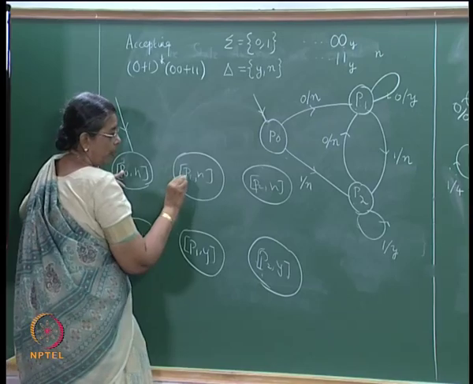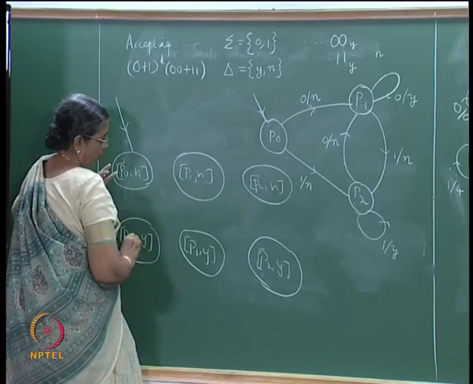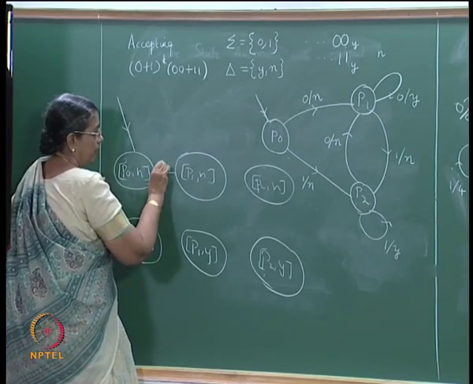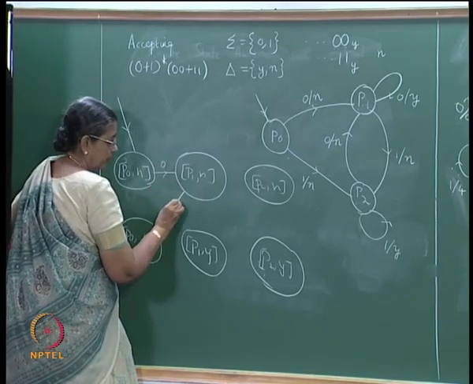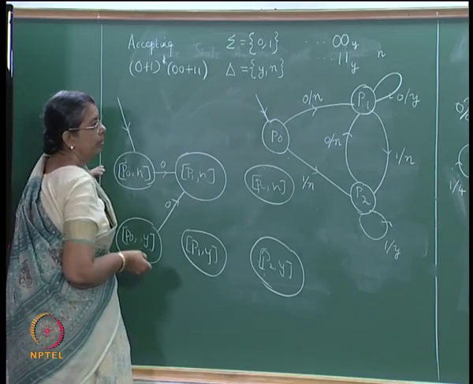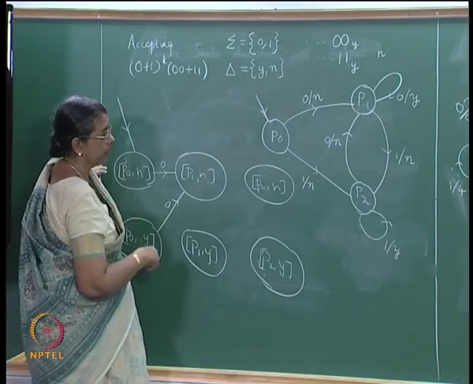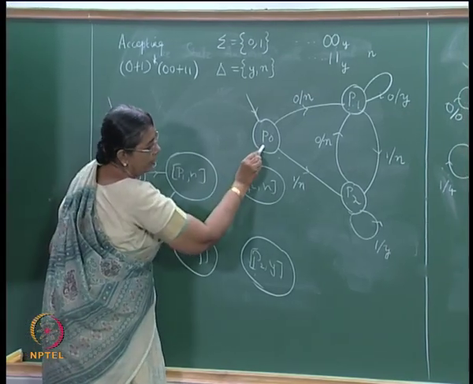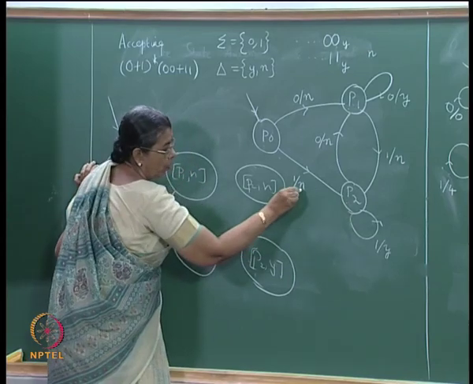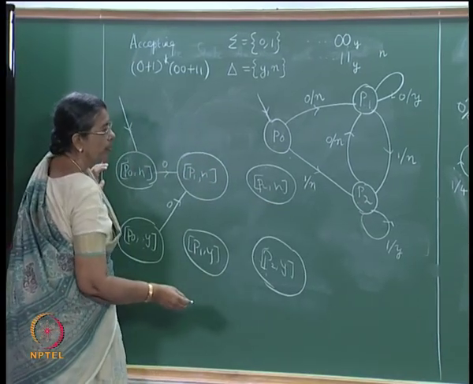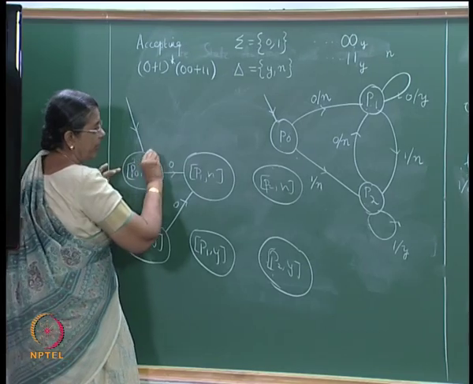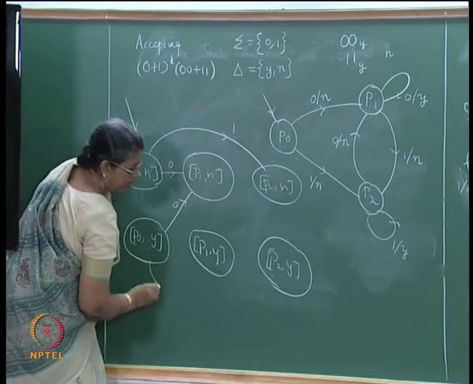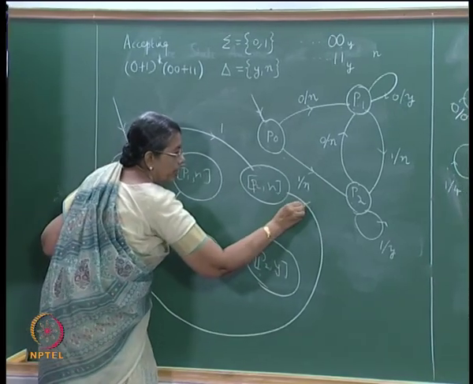No. So, you must go to P1 no. From this state or this state, when you get a 0, you go here. From P0, when you get a 1, you go to P2 and the output is no. So, when you get a 1, you must go here, and from here also you must go here when you get a 1.